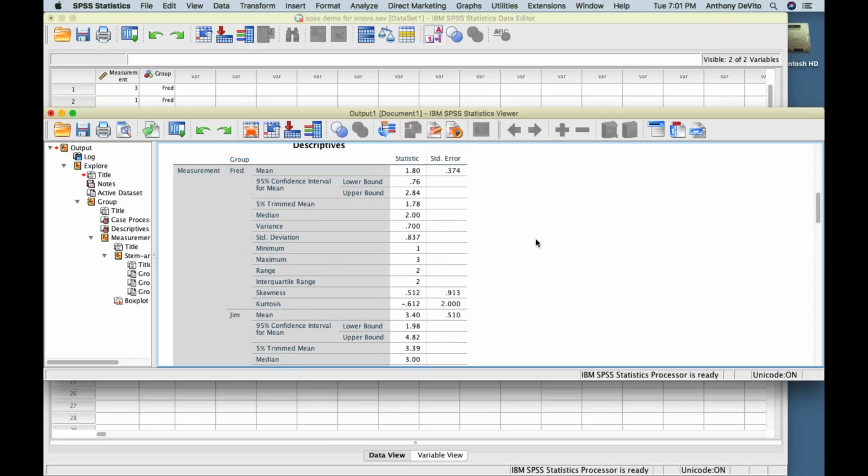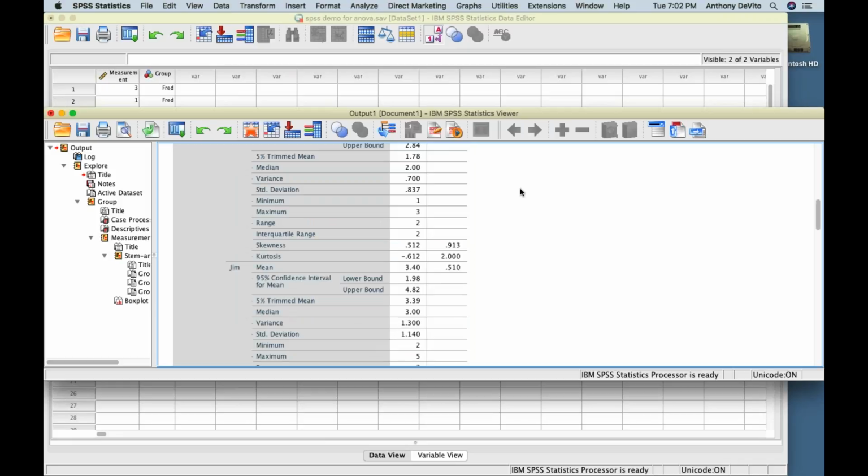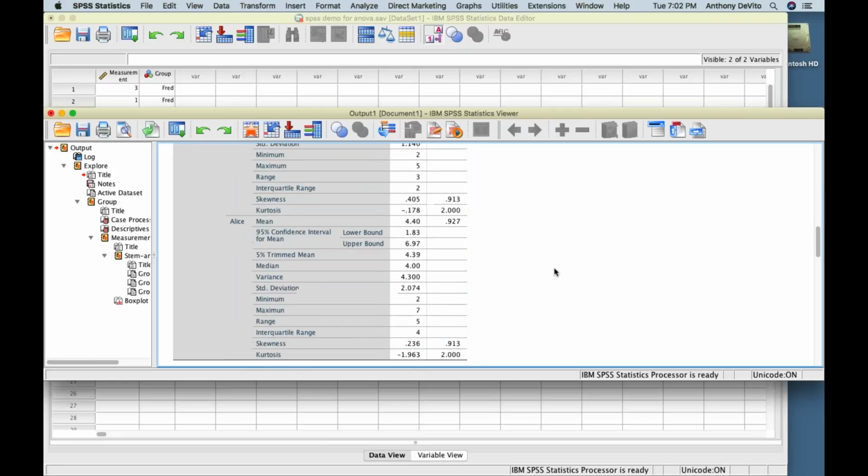The other thing that we've gotten here is a confidence interval. Our 95% confidence interval for Fred is 0.76 to 2.84. For Jim it is 1.98 to 4.82, so they overlap a bit.